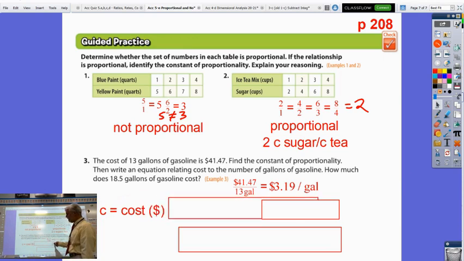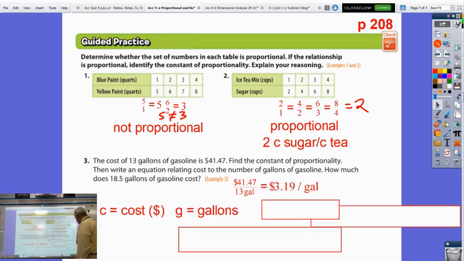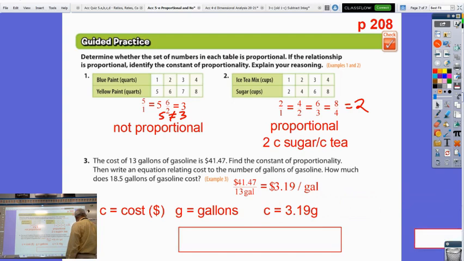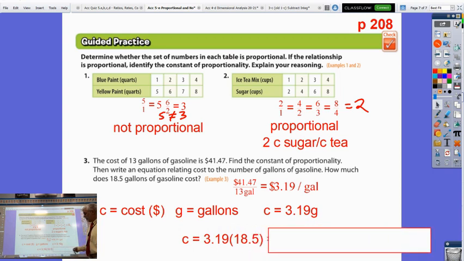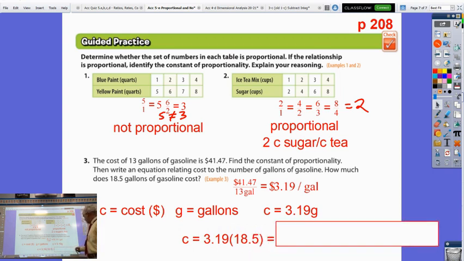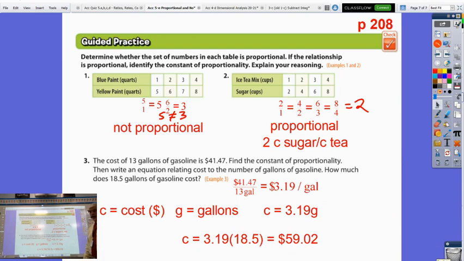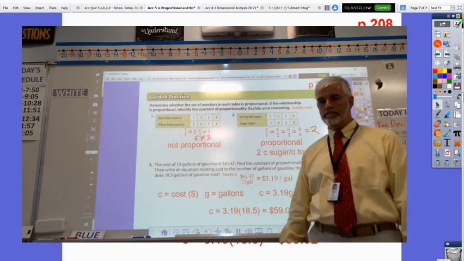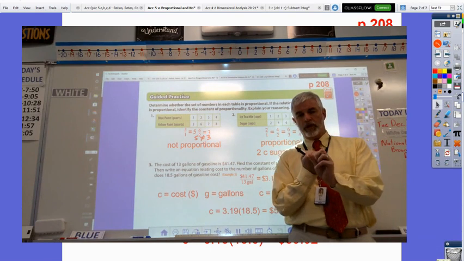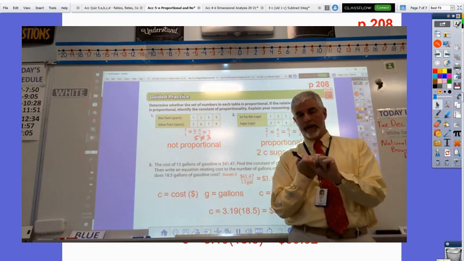So I'll put C as the cost in dollars, and G is the number of gallons. And my equation then is that the cost, C, equals 3.19G. And then finally, part C here, how much will 18.5 gallons cost? 3.19 times 18.5, $59.02.